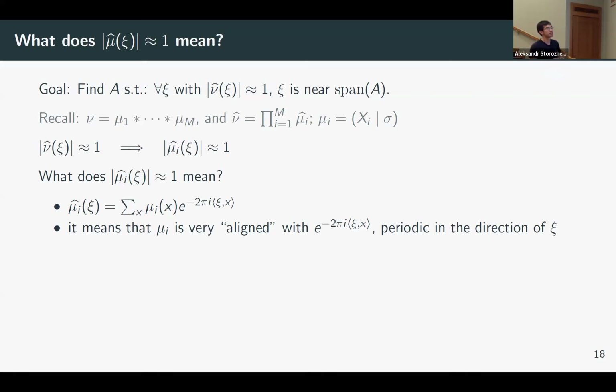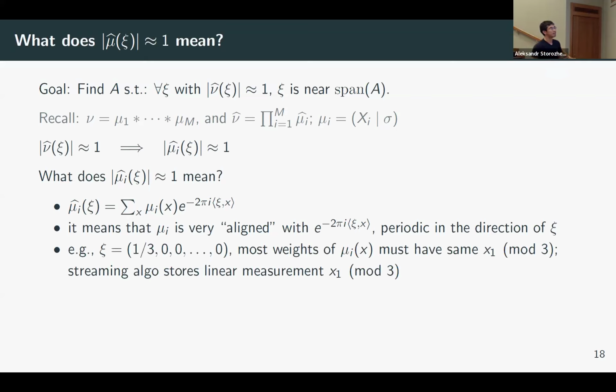And what is this Fourier base function? It's some function that is periodic in the direction of psi. Okay, so maybe one example is, let's say my distribution satisfies that for this particular Fourier value at 1/3 and 0 elsewhere, it has a very large Fourier value.